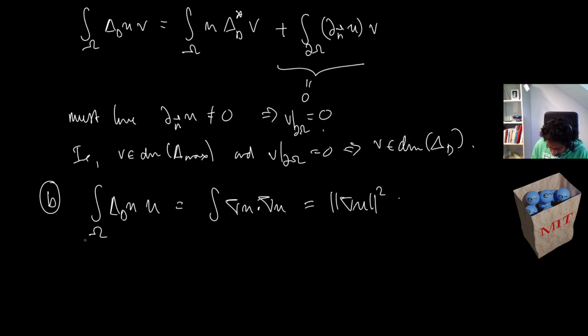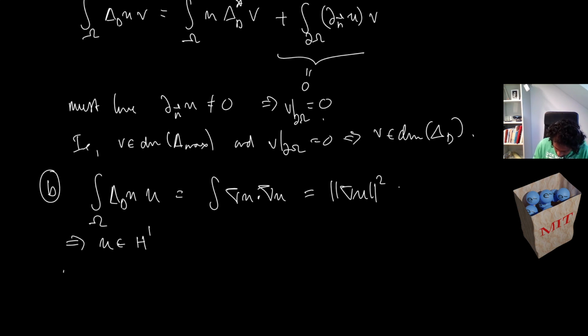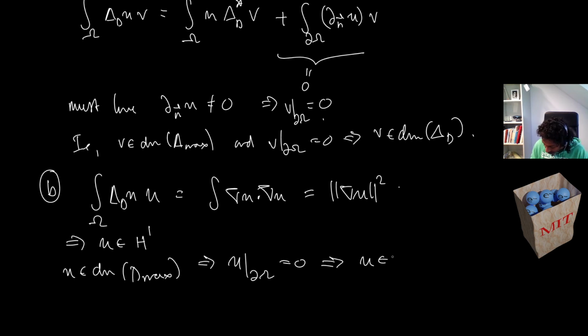Okay? So that means that u is in H1. But if u is in dom d max intersect, this further means that u restricted to the boundary is 0, and that tells us that u is actually in H^1_0 of omega. Okay?